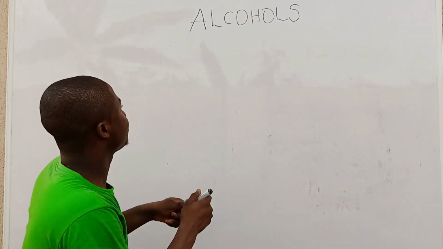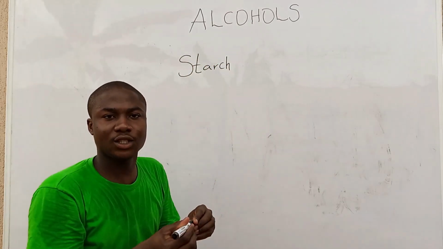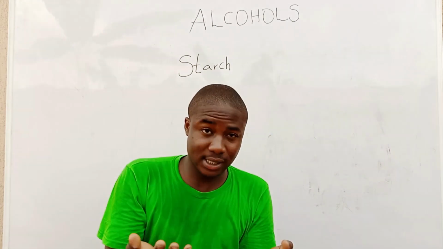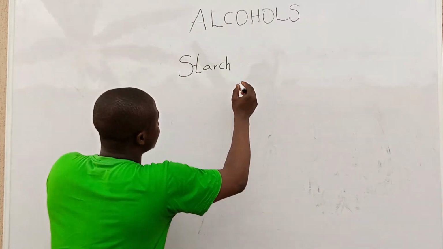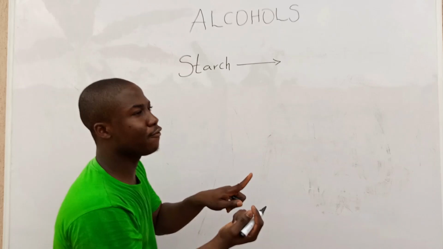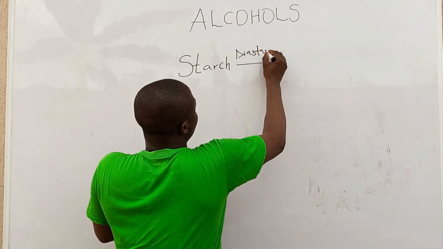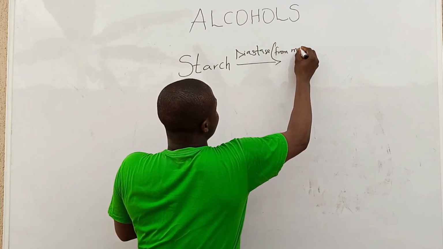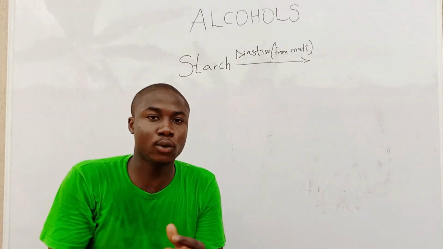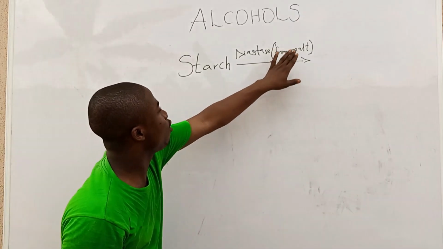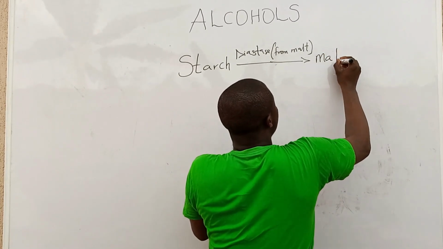Let's talk about the fermentation reaction so we get ethanol. Starch is a polysaccharide, a large molecule. With the addition of an enzyme called diastase, which is gotten from malt, because our sole aim is to get a small molecule like ethanol, diastase from malt acts on starch to give us another molecule called maltose.